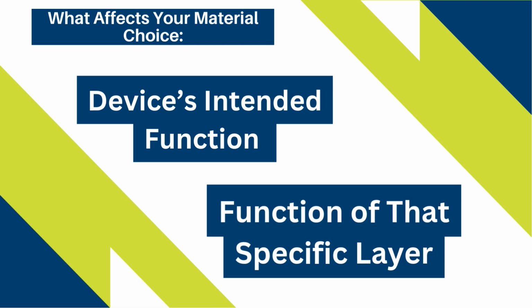The materials you choose for a microfluidic device depend first on the device's intended function and secondly on the function of that specific layer. Typically, a microfluidic device will have a desired result. For example, deliver a sample from point A to point B. In addition, microfluidic devices are often performing multiple complex functions within a small area.